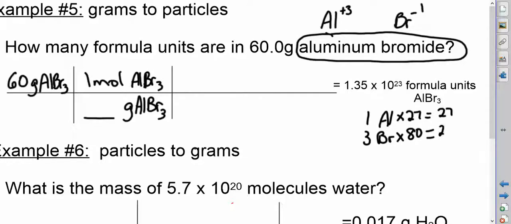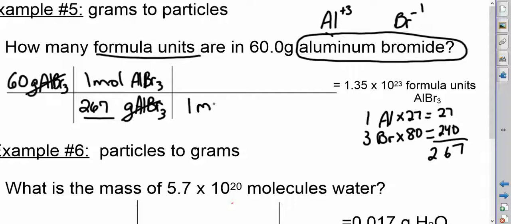So the molar mass of aluminum bromide is 267. That cancels our grams. Now I want to get rid of moles because I'm going all the way to formula units. So I need to put 1 mole down here, and I know that 1 mole of anything contains 6.02 times 10 to the 23rd particles. In this case we're talking about formula units.